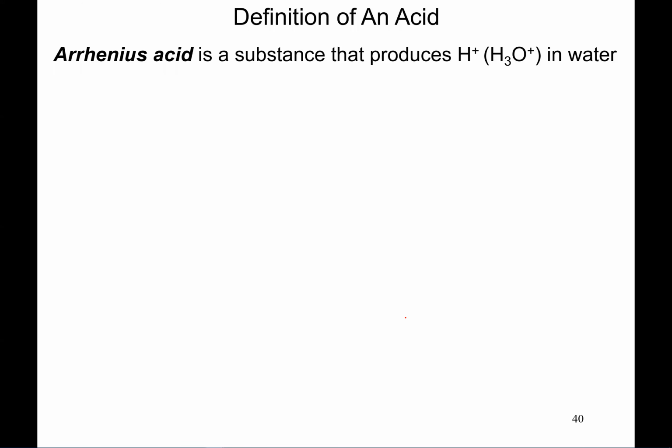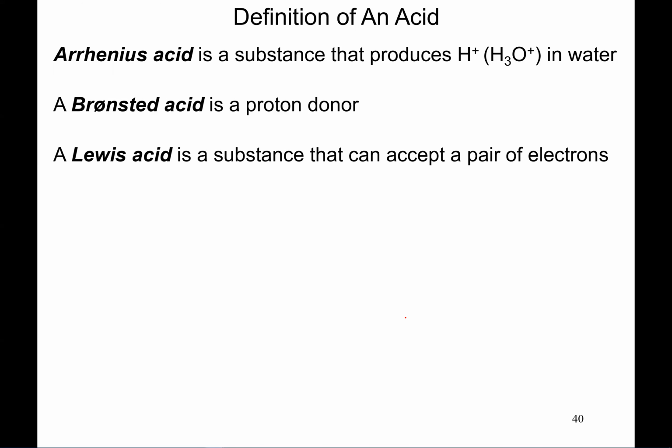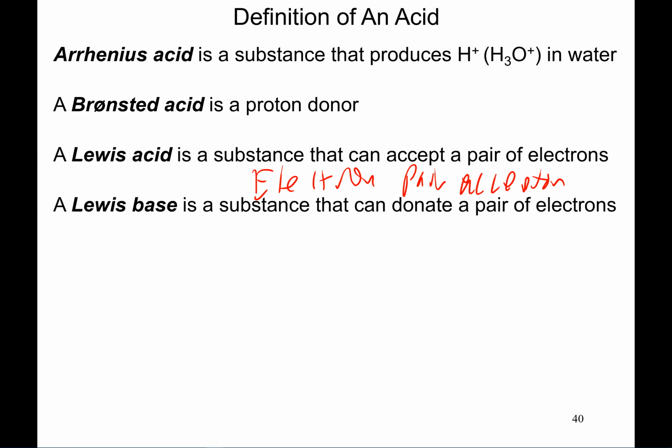An Arrhenius acid is a substance that produces H plus in water. A Bronsted acid is a proton donor. A Lewis acid accepts a pair of electrons, an electron pair acceptor. A Lewis base is an electron pair donor.